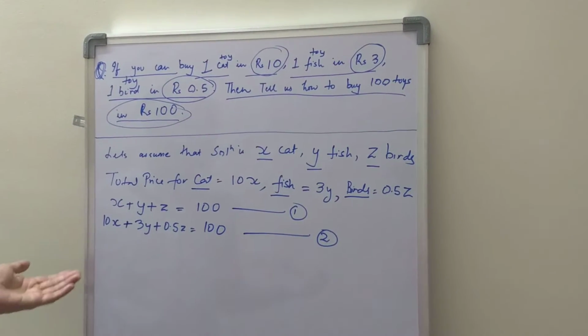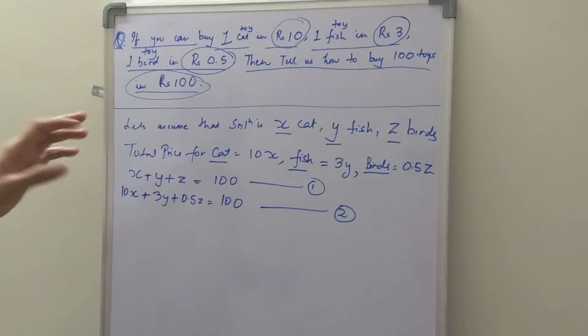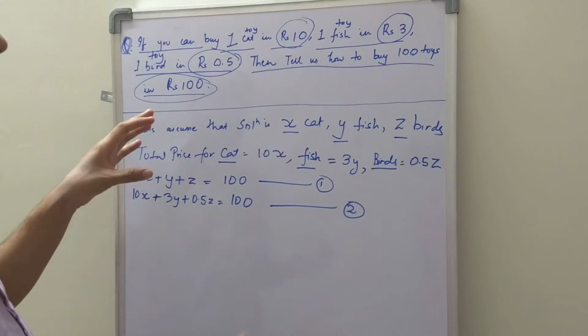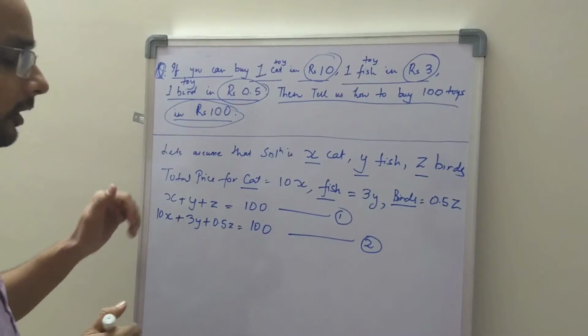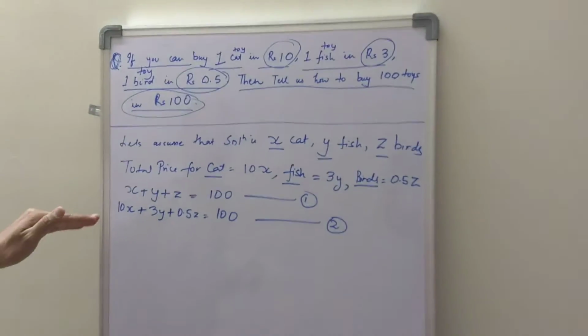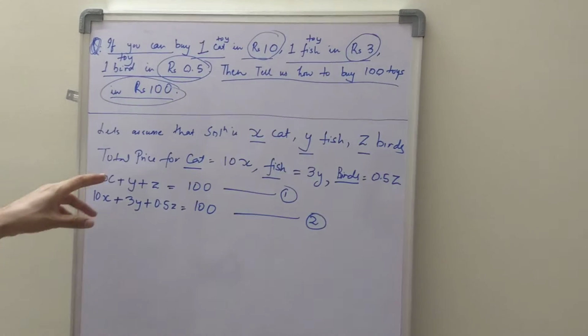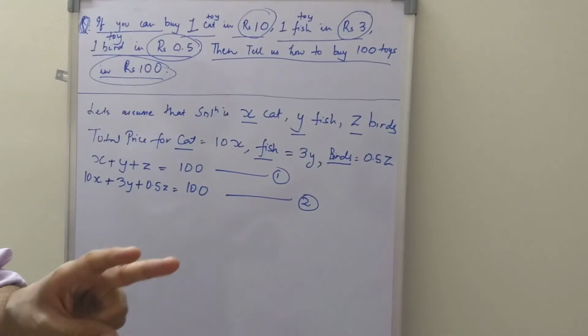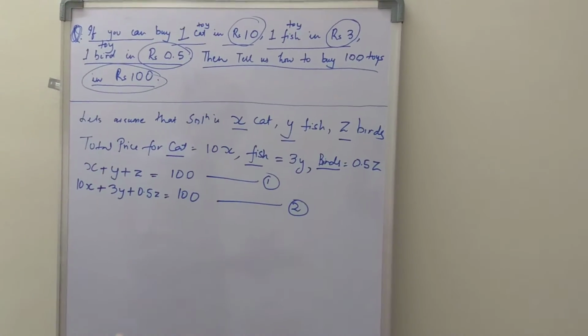So how are we going to solve it? If this is a question, then there must be some solution. That's why it has been asked. So let's try our best first to reduce these equations from 3 unknowns to 2 unknowns, and then we will see how to solve it further.